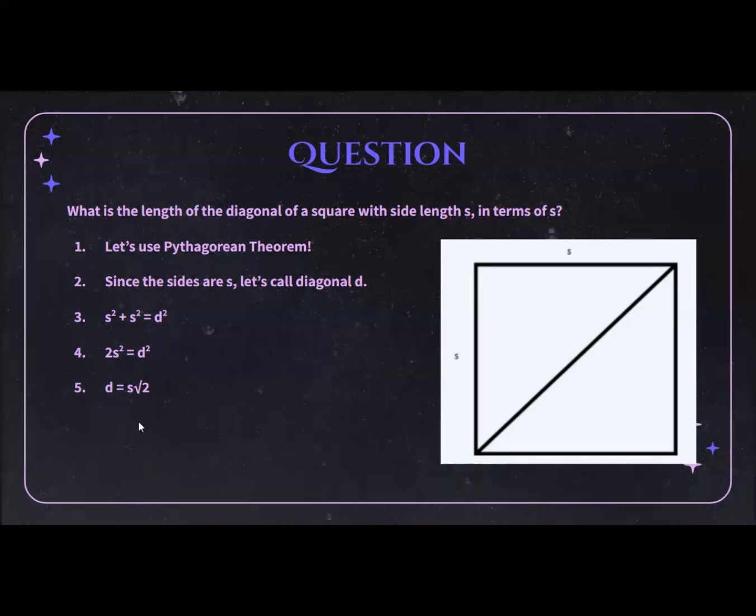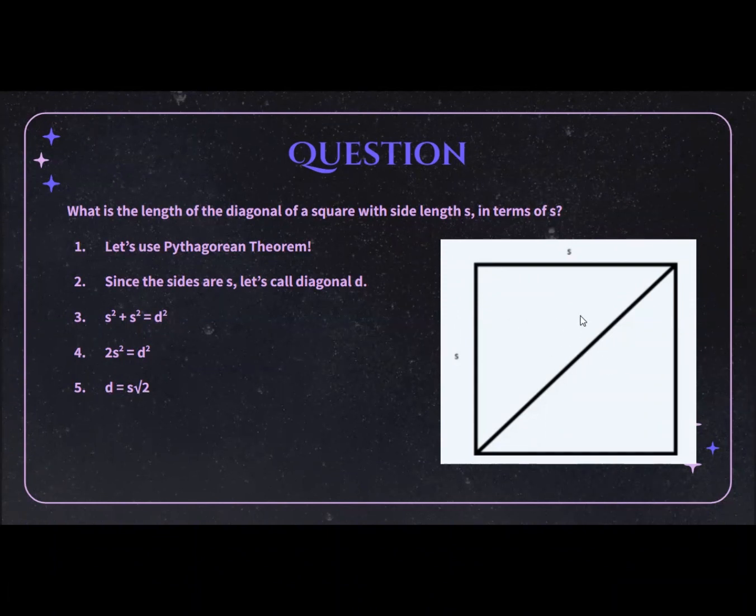So I just want to find what D is equal to in terms of S. The diagonal is equal to S square root 2, because I squared the sides. S squared square rooted is S, and 2 square rooted is square root 2. So every single square with side S will have diagonal S square root 2.